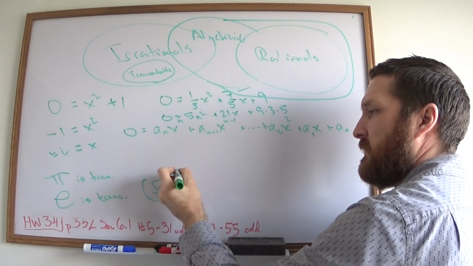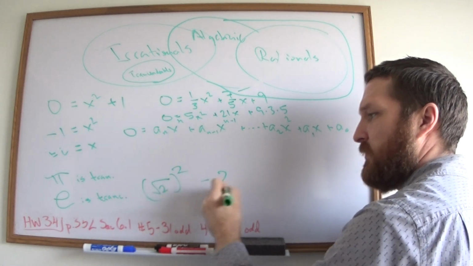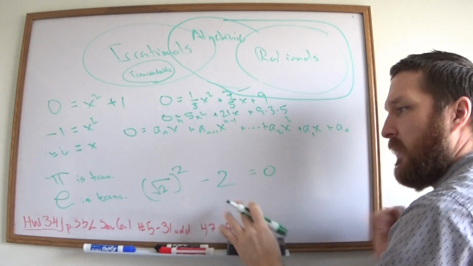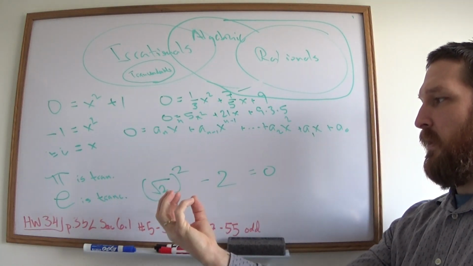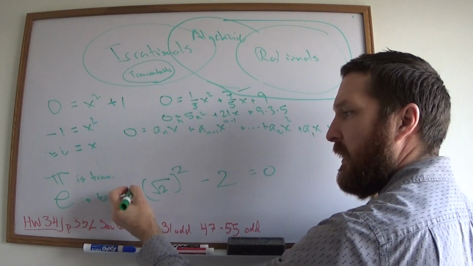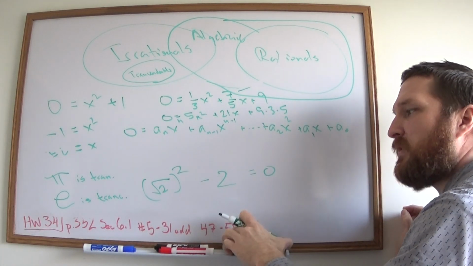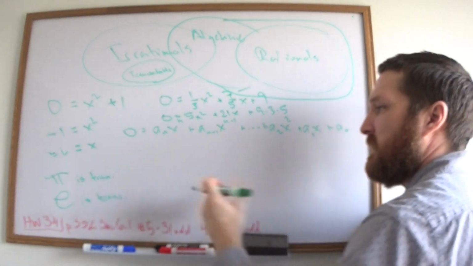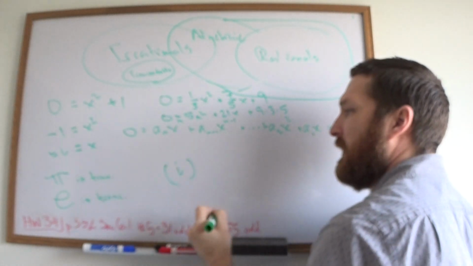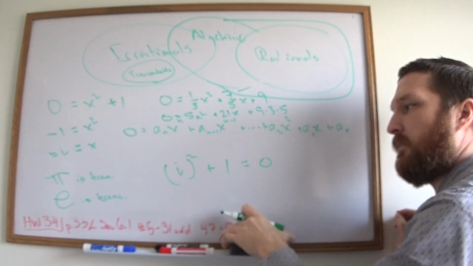Well, what I could do is take it and square it, and then minus off 2. And that should give me a 0. In other words, I could take the number and raise it to some power and then multiply or divide it by something and get it back to 0. Or for instance, I have i. How do I get it back to 0? Well, I could square it and then add 1 and I could get back to 0.